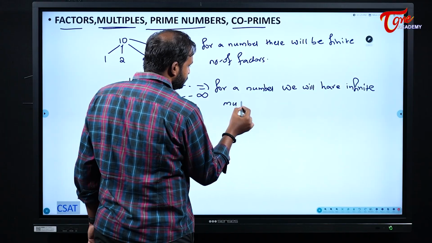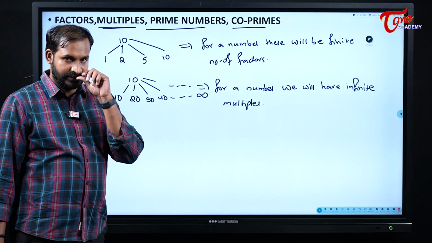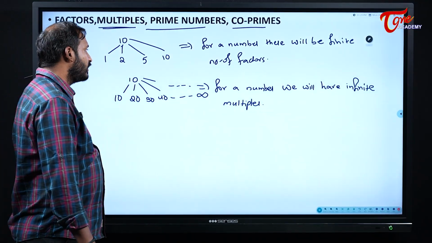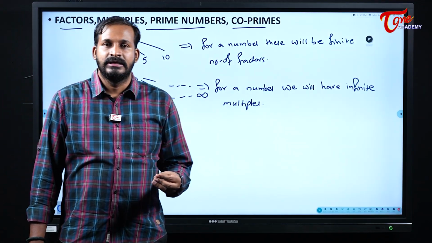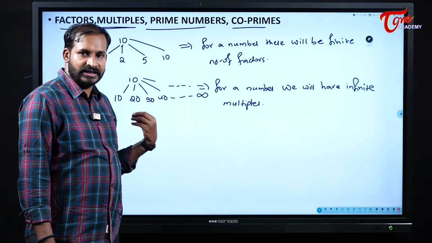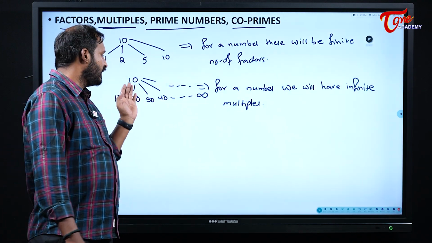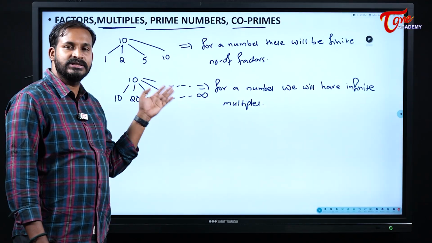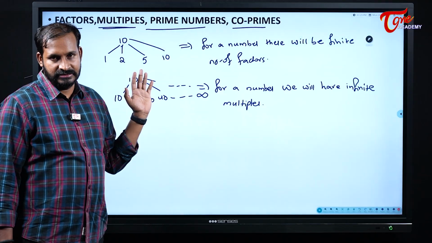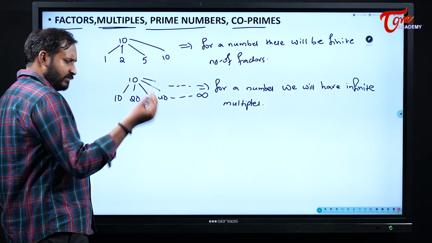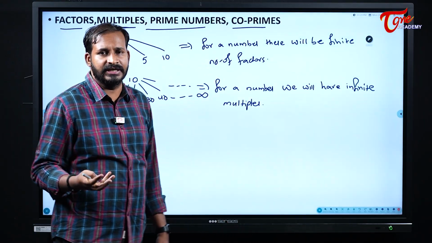We will have a finite number of factors and infinite multiples. So factors are the numbers which exactly divide the given number. Multiples are obtained by going through the multiples of that number, that means 10 ones, 10 twos, 10 threes, 10 fours, 10 fives like this. These are called multiples and these are called factors. From next onwards we will directly use the same words, factors, multiples, so you should understand what factors are.